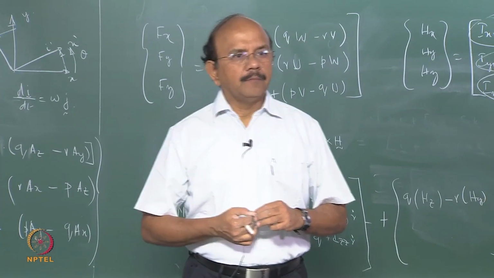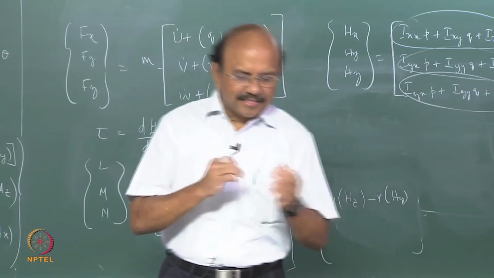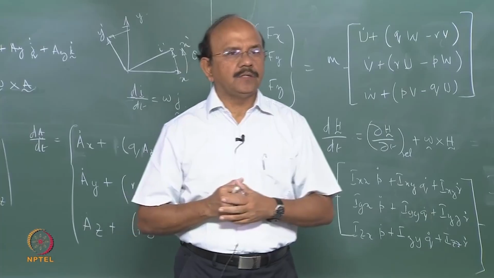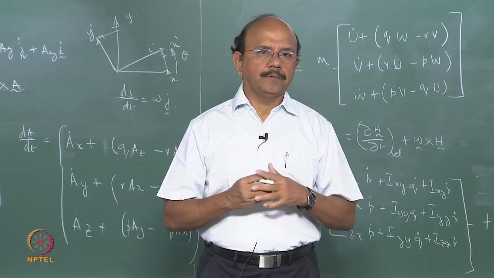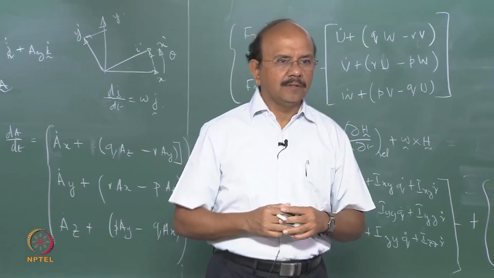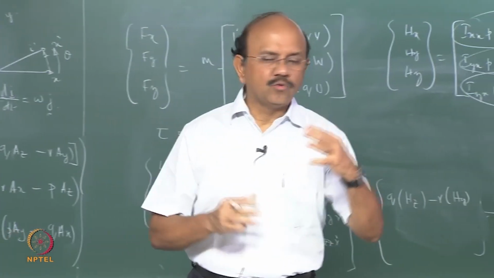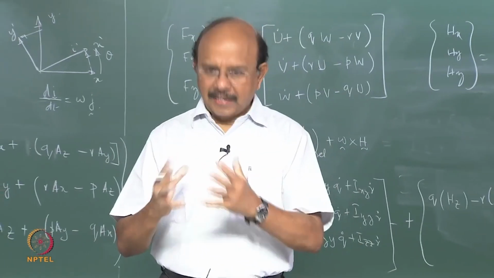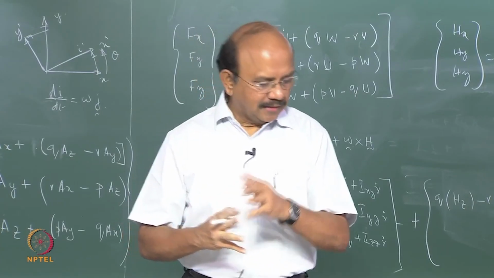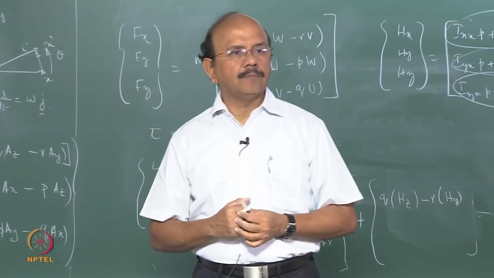Okay, so we make these kinds of assumptions, and we also say that the Q, the pitch, is not of interest to us, neglect it, and ultimately we will bring it down to a very simple, handleable form.